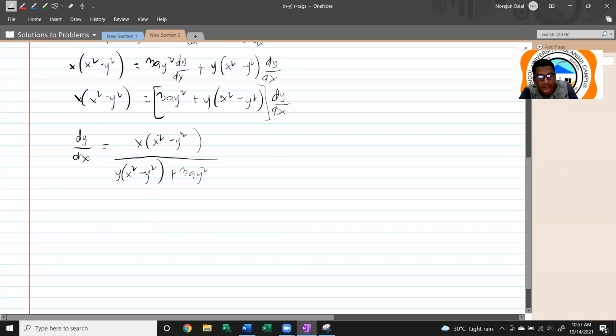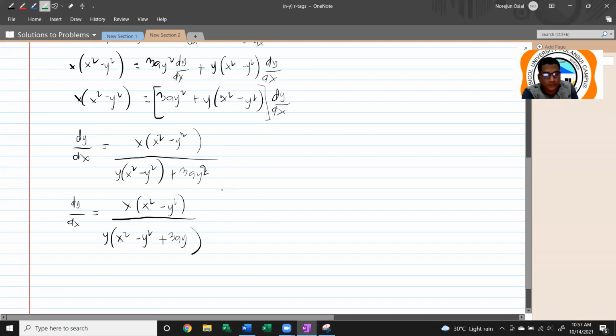So we can still simplify this term, so that our final answer will be x times x squared minus y squared over y times x squared minus y squared plus 3ay. This is the derivative of our given function.